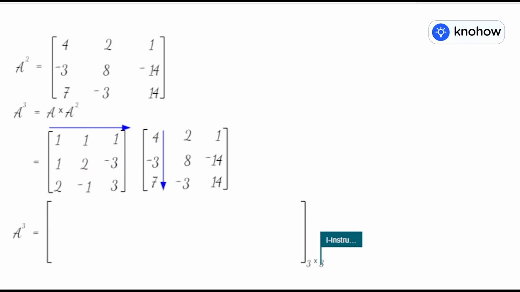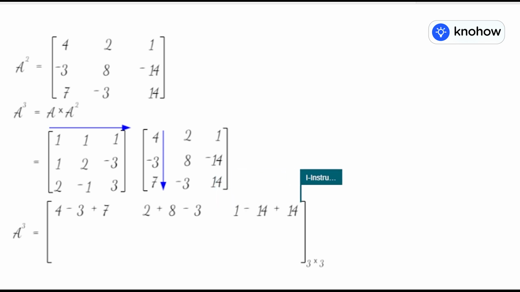So multiplying the elements of the first row 1, 1, 1 with the first column, you get 4, negative 3 plus 7. Then with the second column, you get 2 plus 8 and minus 3. And with the third column, you get 1, minus 14 and plus 14. Similarly, I leave for you to try the product of the second row and the third row with columns 1, 2, 3.